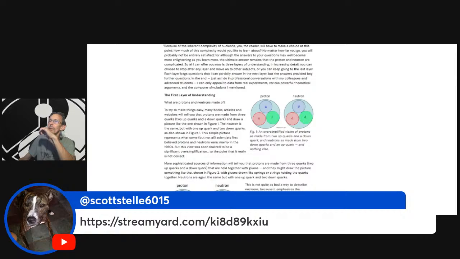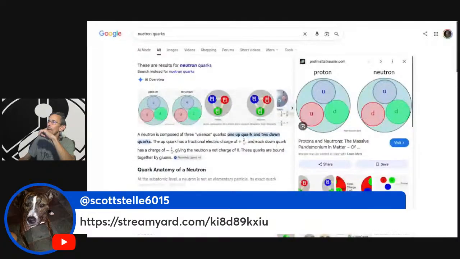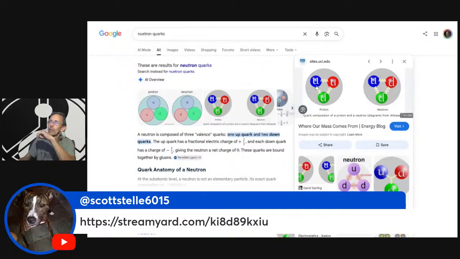In this image, you see here that a proton is made of quarks held together by bonds that are gluons, as is shown in this picture here. Up quark, down quark, gluons, strong nuclear force. Neutron, up quark, down quark, gluons, strong nuclear force.